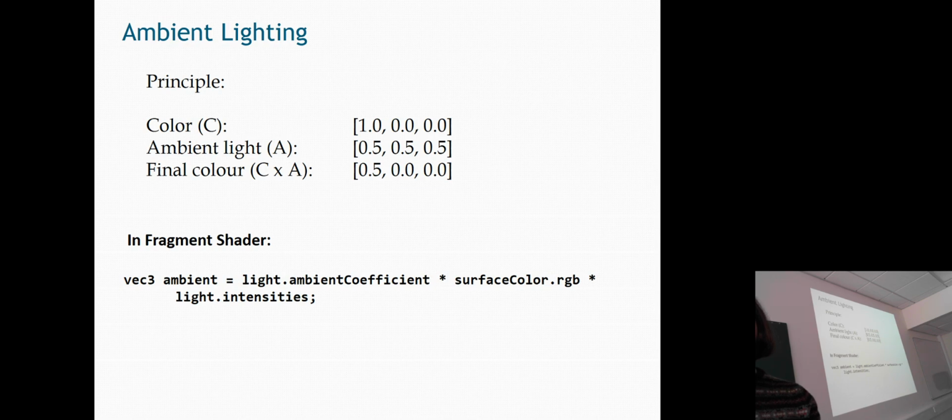If we have the ambient light, something like this, and the color of the pixel is blue, we then get the final color equal to this vector. In the fragment shader, it's implemented exactly as given here. We multiply the ambient coefficient, or constant ambient light, with the surface color RGB and with the intensity.